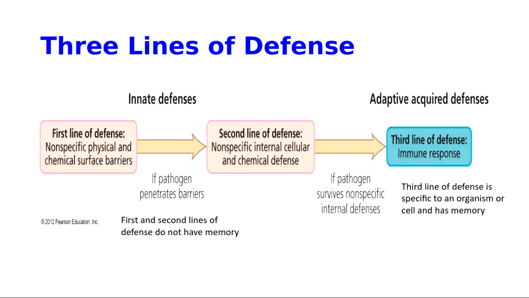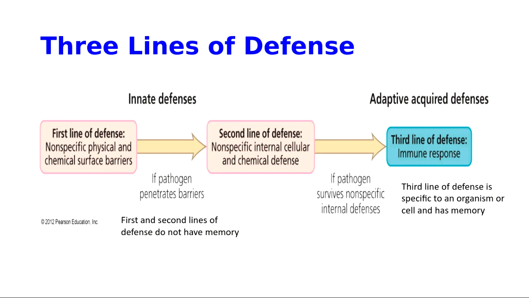We have the cellular components of the second line of defense that include the phagocytic cells, and the phagocytic cells include the neutrophils, monocytes, eosinophils, and basophils. Then we have the chemical or humoral components of the second line of defense that include specialized proteins, complement proteins, and interferon proteins. And there are a lot of cytokines that are also involved there.